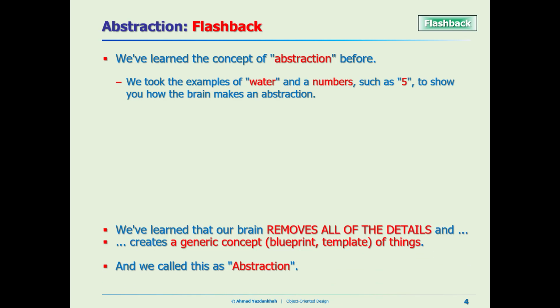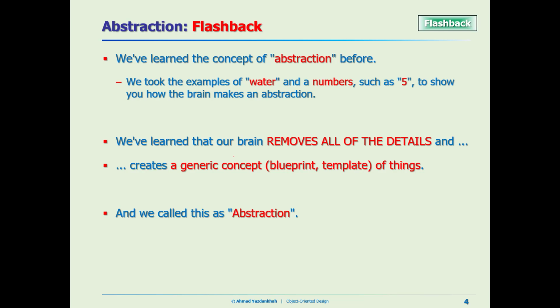In other words, our brain removes all of the details and keeps just a concept. Let's call it blueprint or template or whatever. It's a generic concept of the water, and also the same thing for the numbers, right?